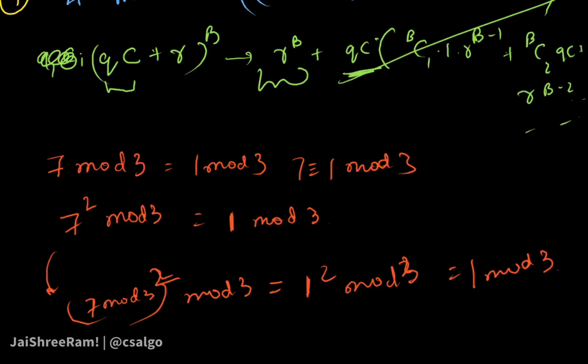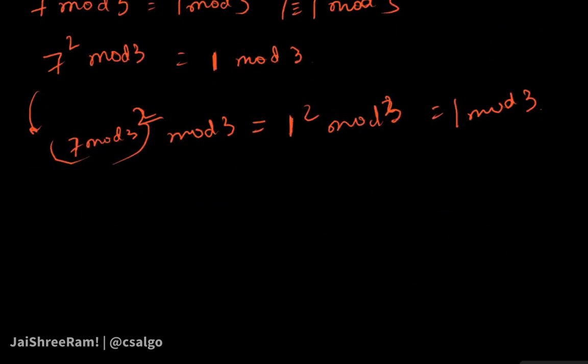Okay. Now let's quickly look at some negative numbers just to be sure that's understood. What is minus 3 mod 2? How do we find modulo for negative numbers? First remove the minus. This minus is nothing but minus 1, so minus 3 is minus 1 times 3.